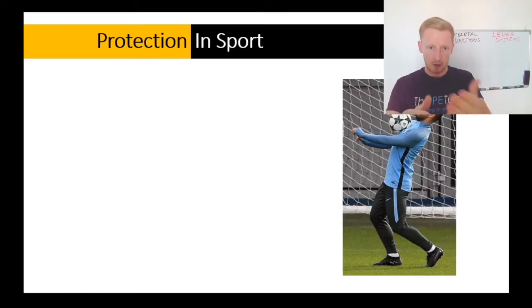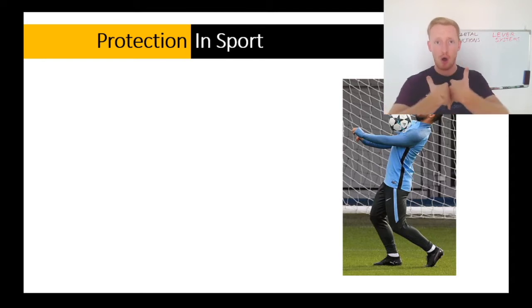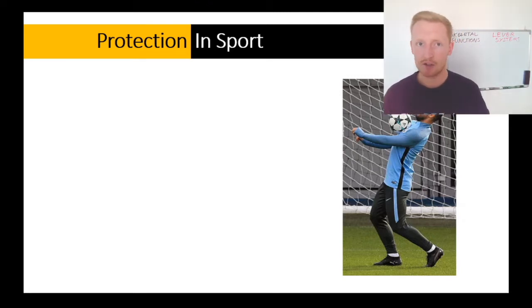Protection. I've got a footballer here, obviously chesting and controlling the ball, where we've already said how the heart and the lungs reside behind the ribs and the sternum. Well, without the bones there, without the skeleton, let's say a goalkeeper's hit that ball 50, 60 yards and it's on its way down, that's going to be travelling very fast.